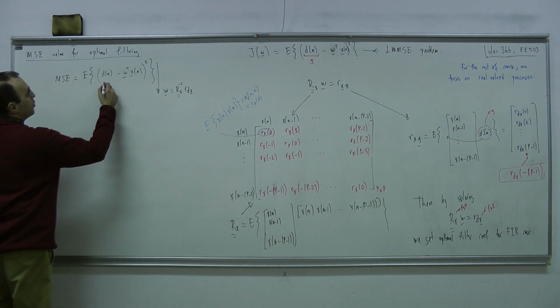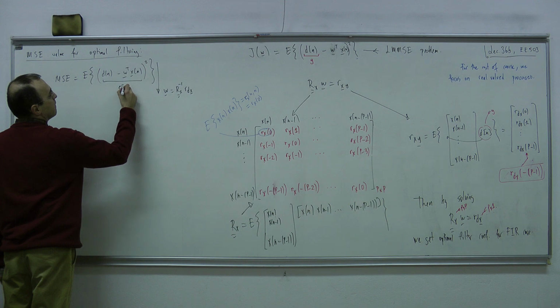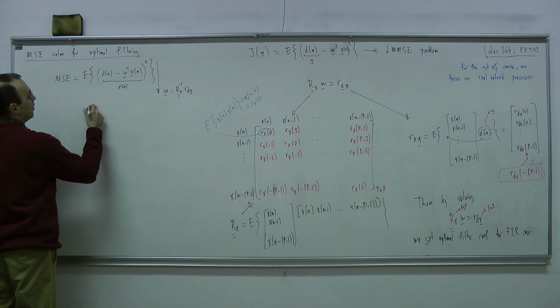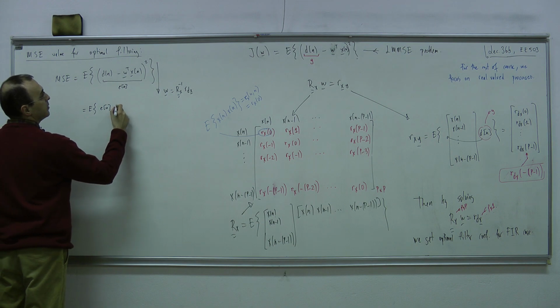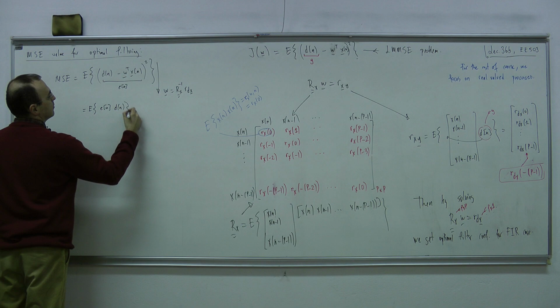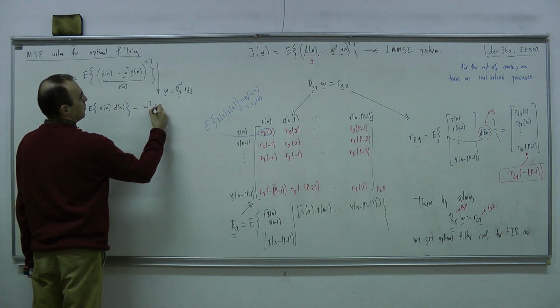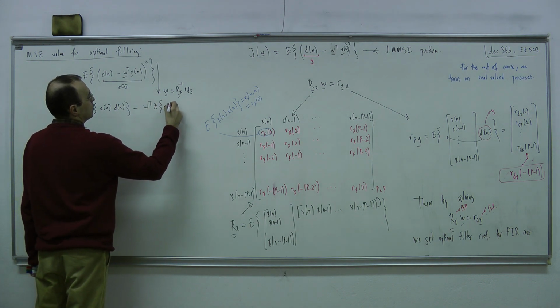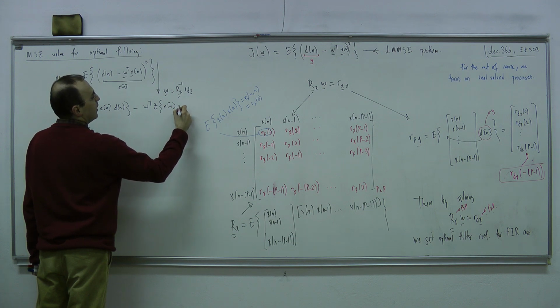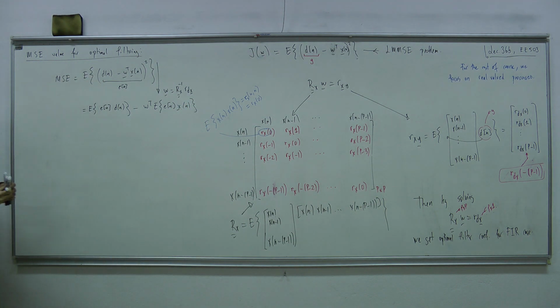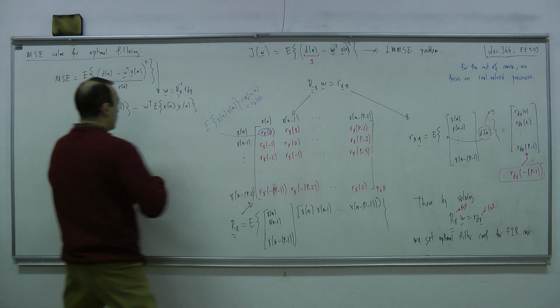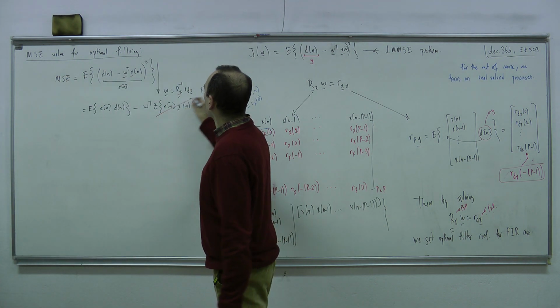So how can I get this one? Well, let's do this one more time. This is like the error e[n], so this is E of e[n] times (d[n] minus W transpose x[n]). By the orthogonality principle, what is e[n]?